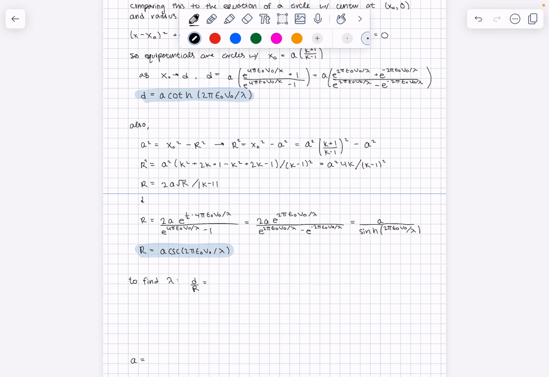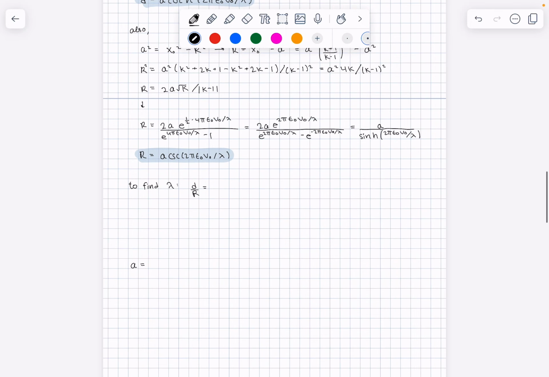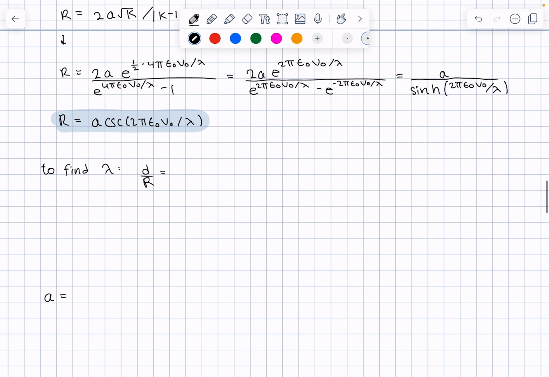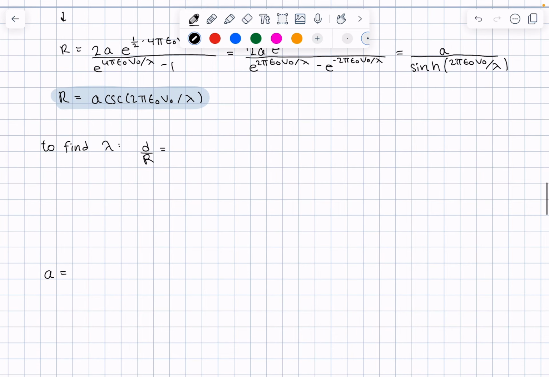So d over r is equal to a hyperbolic cotangent of 2 pi epsilon naught v naught over lambda, over a times the hyperbolic cosecant of 2 pi epsilon naught v naught over lambda.